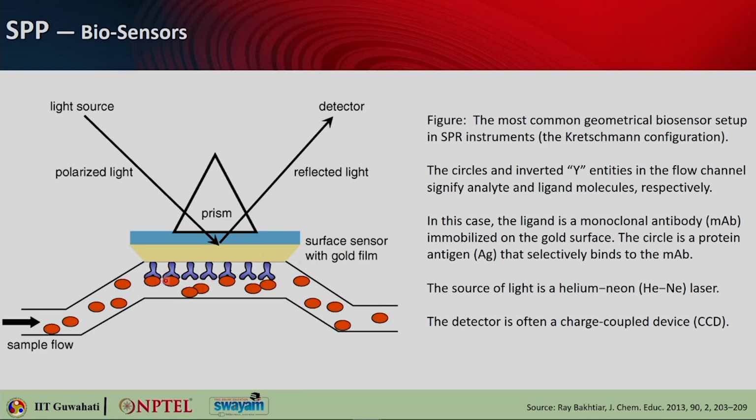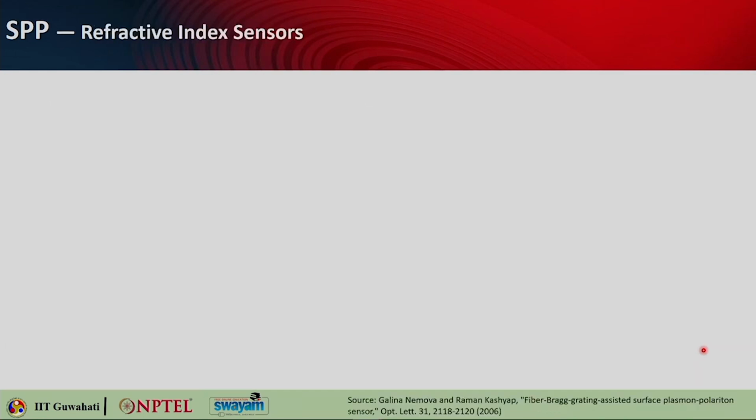As there will be more binding, there will be a change in the refractive index in this region, that will change the wavelength of that plasmon excitation, and that can be detected. Usually you use a helium neon laser as light source and a charge coupled device, CCD, as the detector.